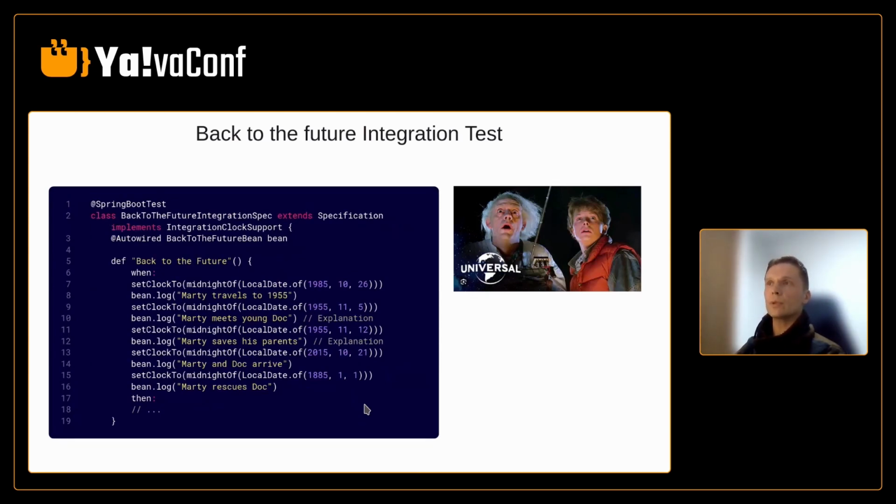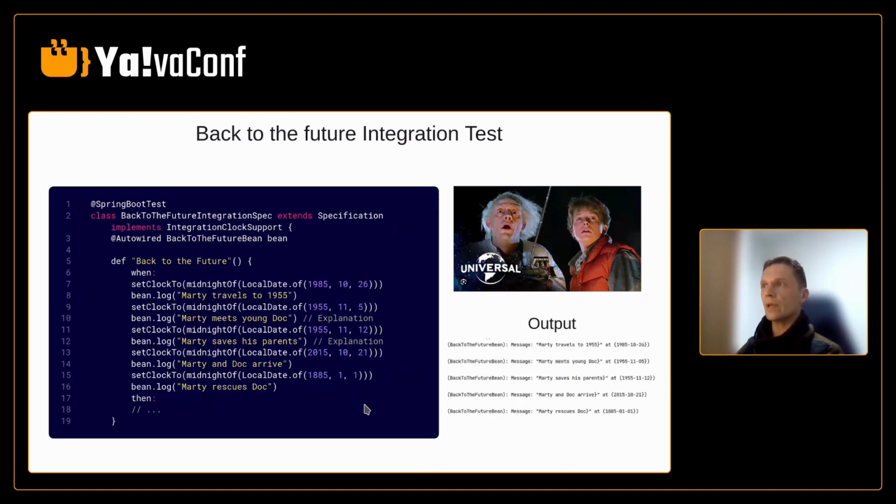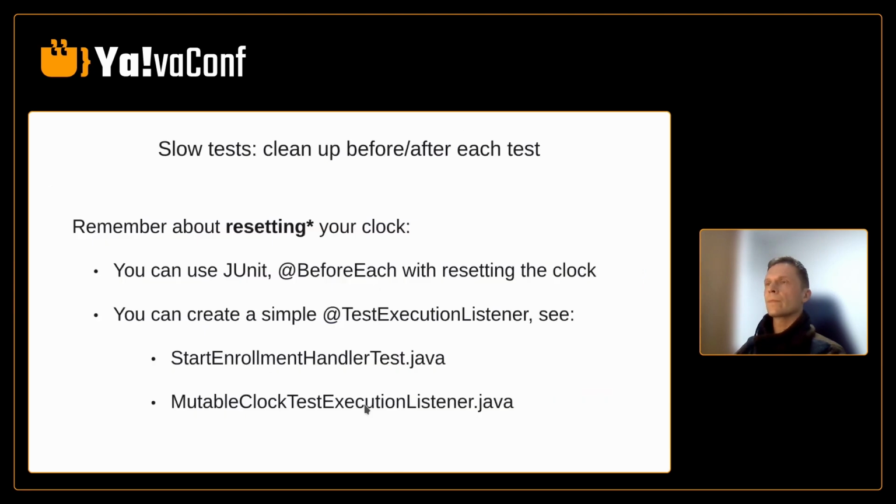This is essentially a Spring Boot test that does exactly the same thing as we did before, and it uses the clock that is a Spring Bean that we created for tests. This gives us all the options we need for testing complicated scenarios, and I believe many of you have complicated scenarios in your code bases.